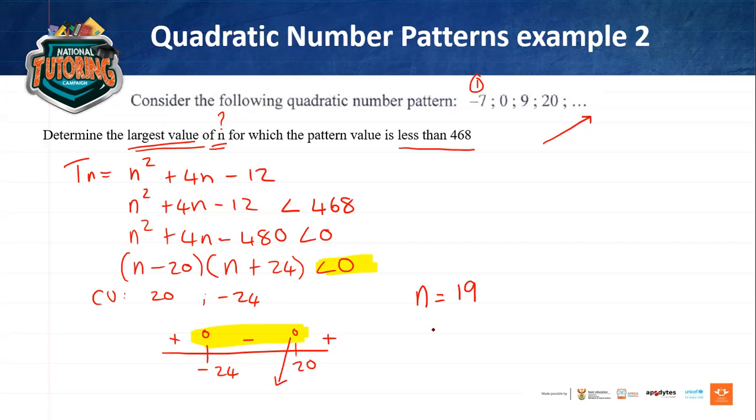And you can always check it. So I'm going to do my check here in a different color. T19, if I substitute 19 squared plus 4 times 19 minus 12, we get our answer, which is 425. And if I work out what T20 would be, we would see that it is slightly bigger.